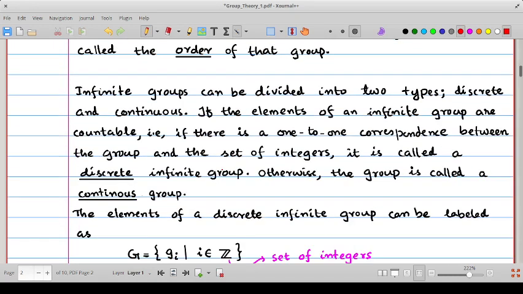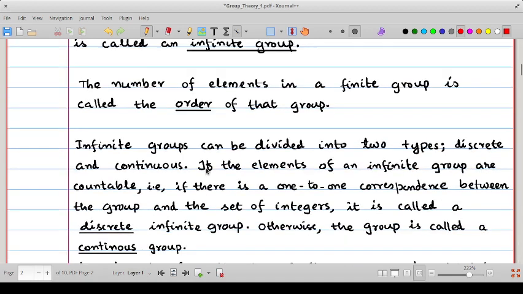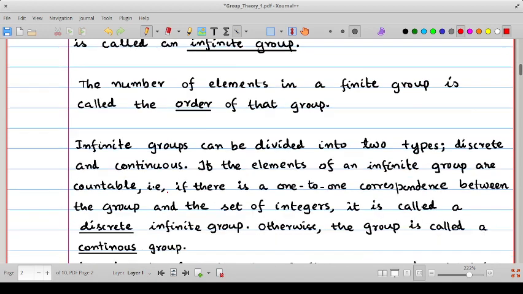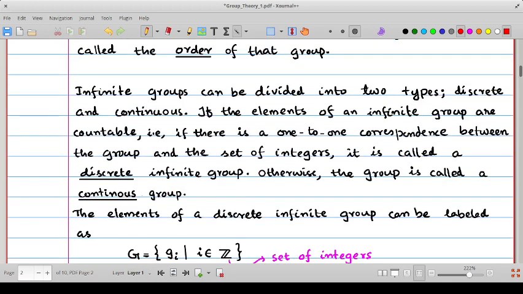If the group is not finite, if it does not have a finite number of elements, then it can be of two types. Infinite groups can be of two types: discrete or continuous.